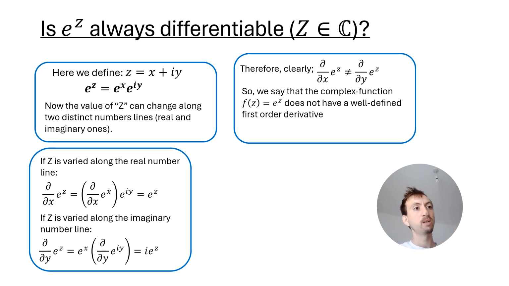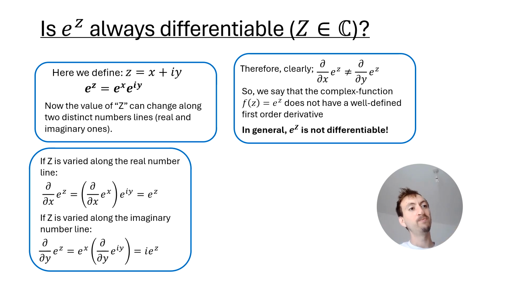So f of z, if f of z is e to the z, does not have a well-defined first order derivative, in that we're getting different derivatives based on additional information, like in what direction we're varying z. So we can't make any sense of de^z by dz.